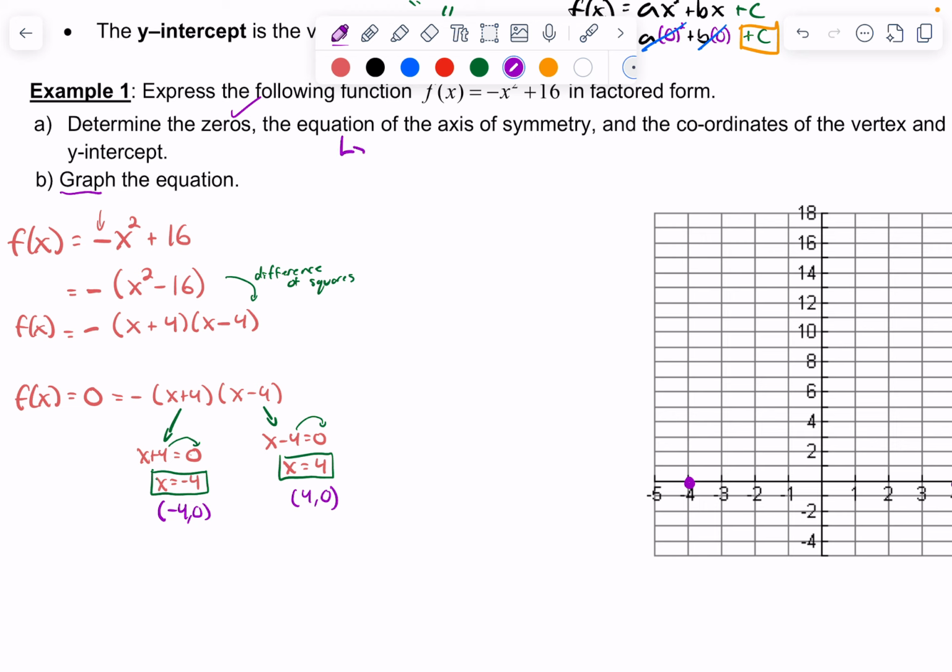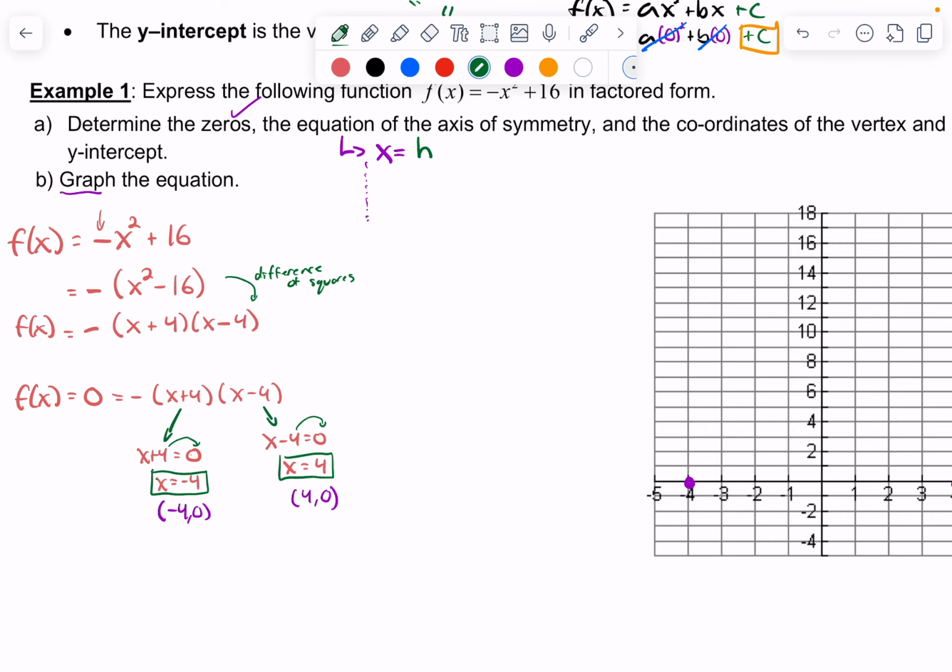Remember, the equation of the axis of symmetry is x equals, all right, it is an equation, so x equals, because it is a vertical dotted line, and that vertical dotted line occurs at the h value, or the x-coordinate of your vertex.